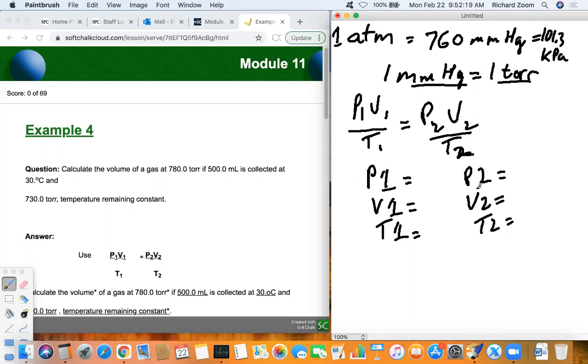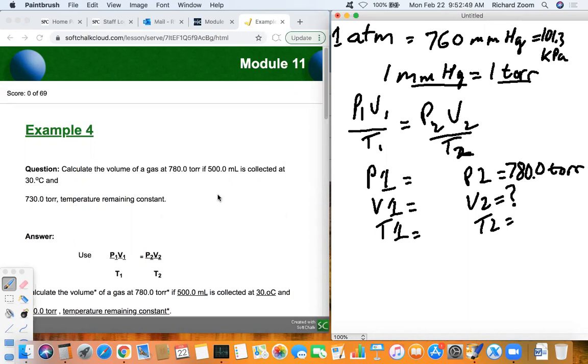Generally speaking, it doesn't really matter if you make volume 1 what you're looking for, or volume 2 what you're looking for, but you do have to make sure you're consistent. So I'm going to make volume 2 the one I'm looking for. If you look at what the question's asking, it says calculate the volume of a gas. That's why I've put a question mark there. At 780.0 torr. So that's my pressure at that particular volume. See, that's why the word "at" is so important.